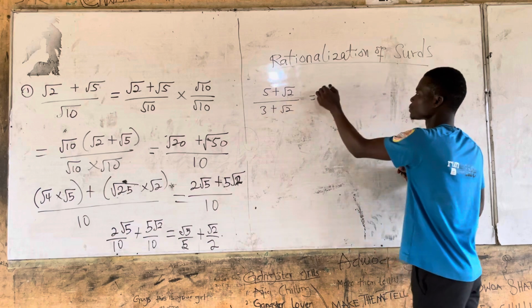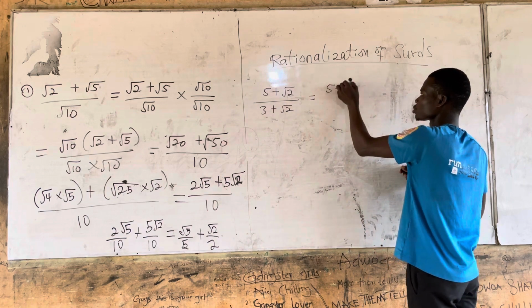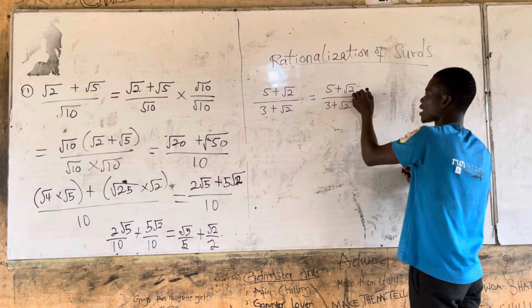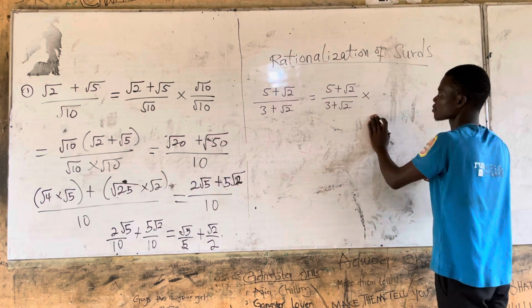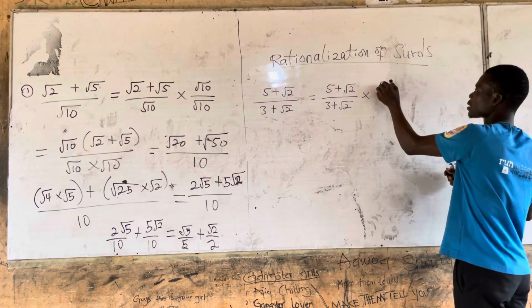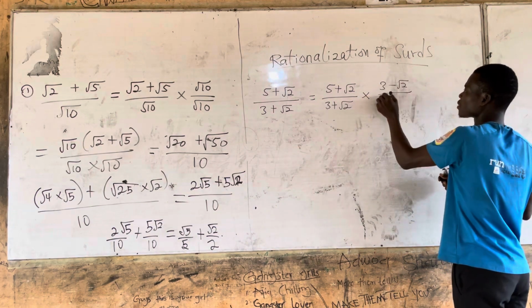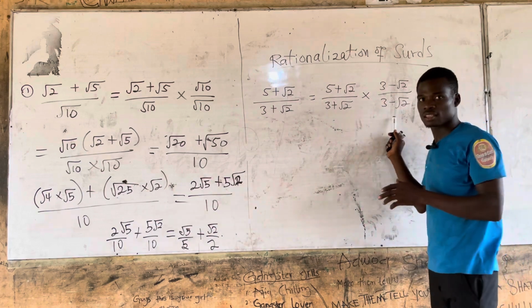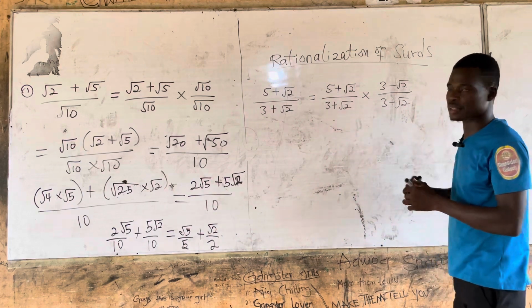So, which is equal to 5 plus root 2 all over 3 plus root 2 times 3 minus root 2 all over 3 minus root 2. And 3 minus root 2 here is the conjugate form of the denominator.